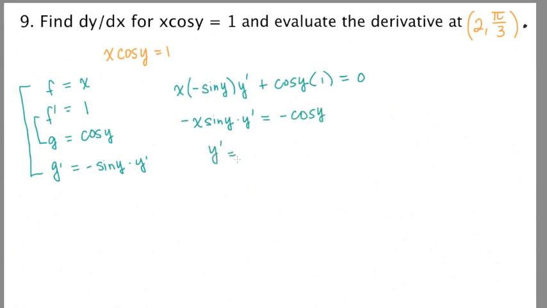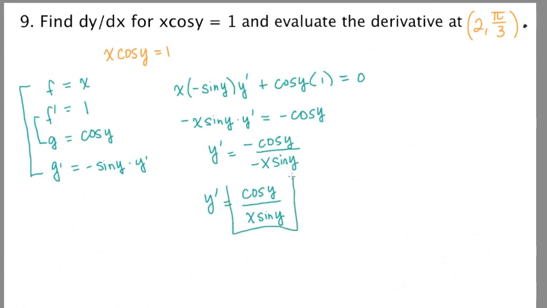Y prime, when isolated, is going to be negative cosine y over negative x sine y. The two negatives are going to cancel out, so we have cosine y over x sine y. So this is our derivative. This is our expression for the slope of a tangent line at a given point.